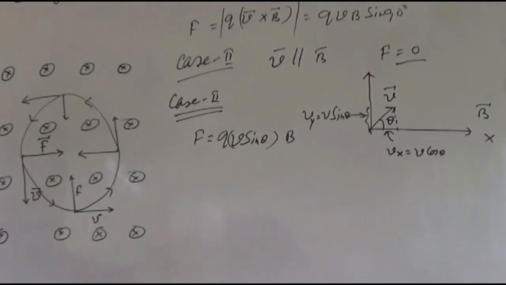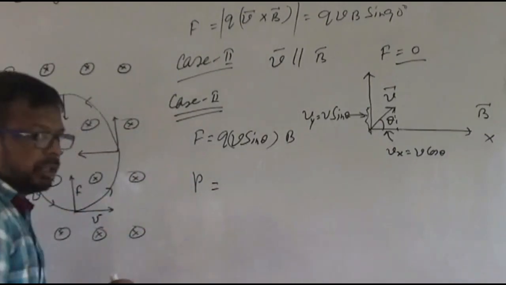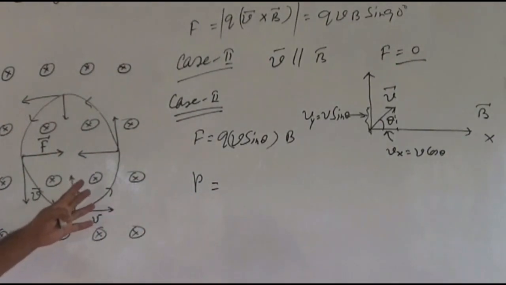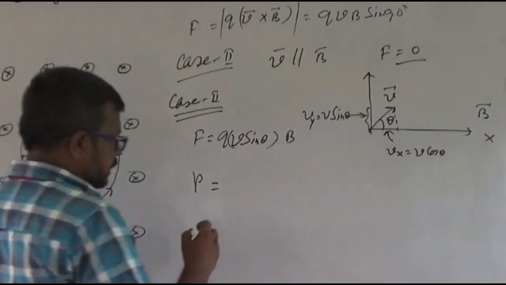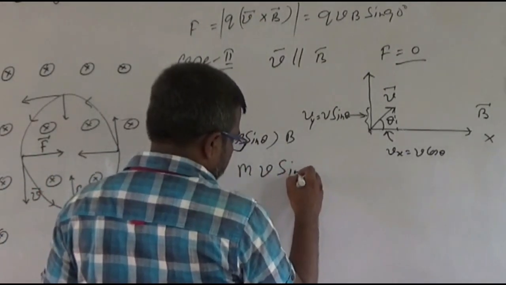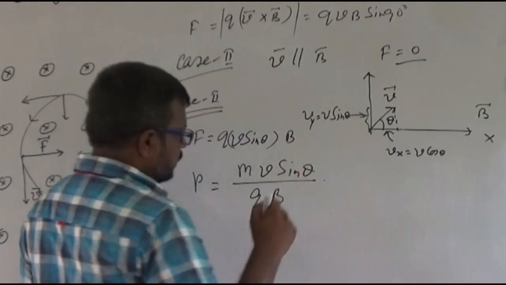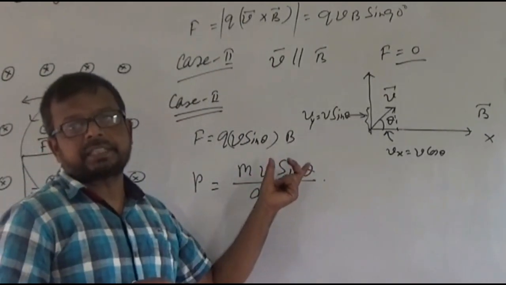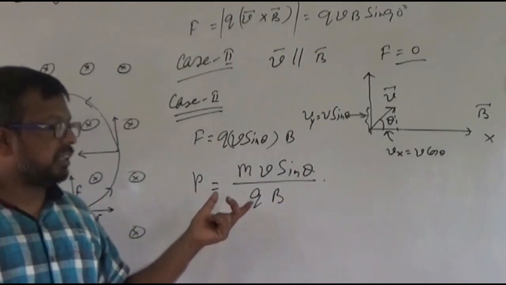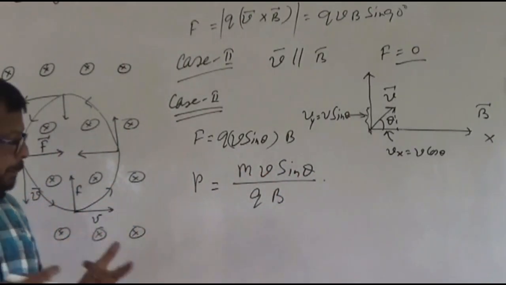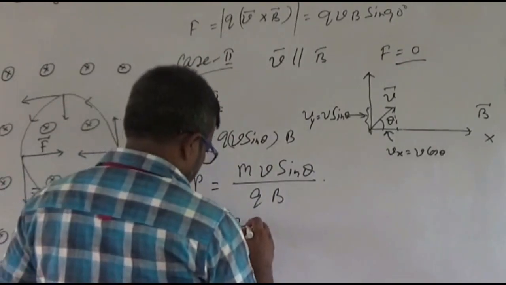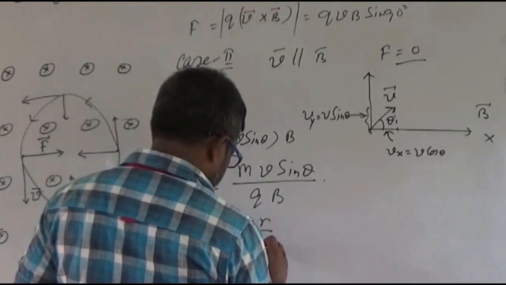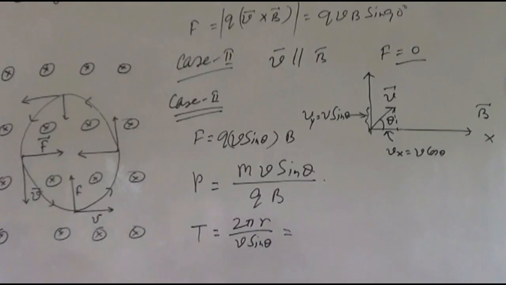And the radius of the circular path r, already we have written that, what? R is mv by qB. That was the expression, mv by qB. Now here you have to write m v sin theta divided by q into B, because v should be replaced by v sin theta. And therefore the time period of the particle T is 2 pi r by v sin theta, where v sin theta is the velocity.